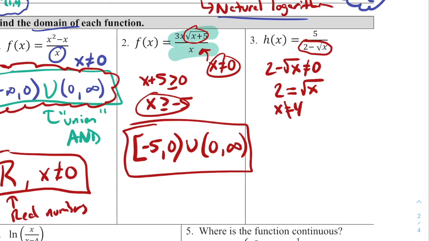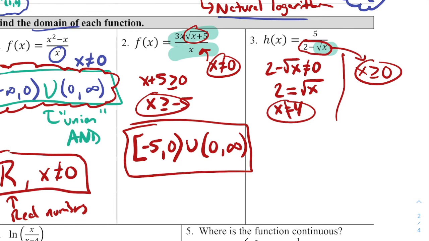But also, we have this square root. And we know that whatever x is cannot be negative under that square root. So because of the square root, I also know that x has to be greater than or equal to 0. So I have these two values. And again, I would write this in interval notation. Our lowest number is 0, and it goes all the way up to 4, but it doesn't include 4.